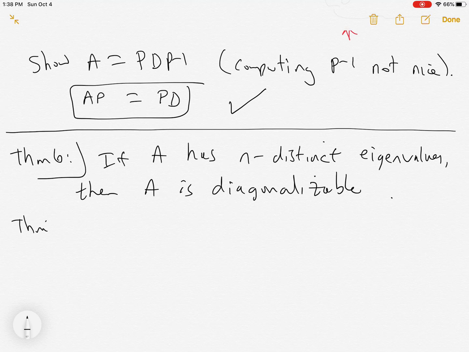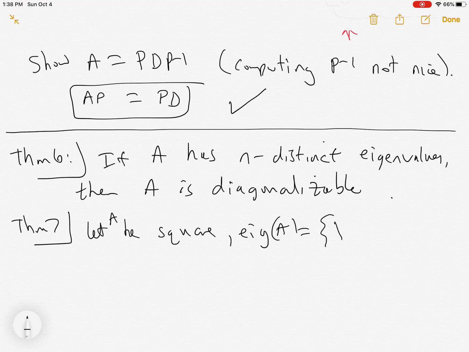Theorem 7 is the fun one. Let A be n by n square, and the eigenvalues of A are going to be the set lambda 1 down to lambda p.